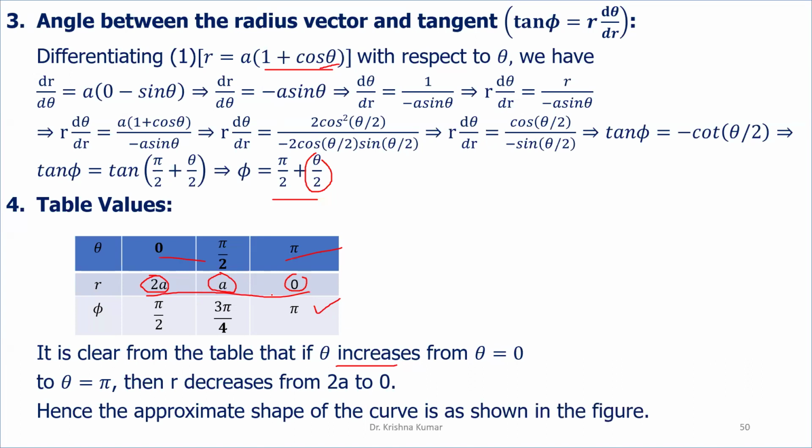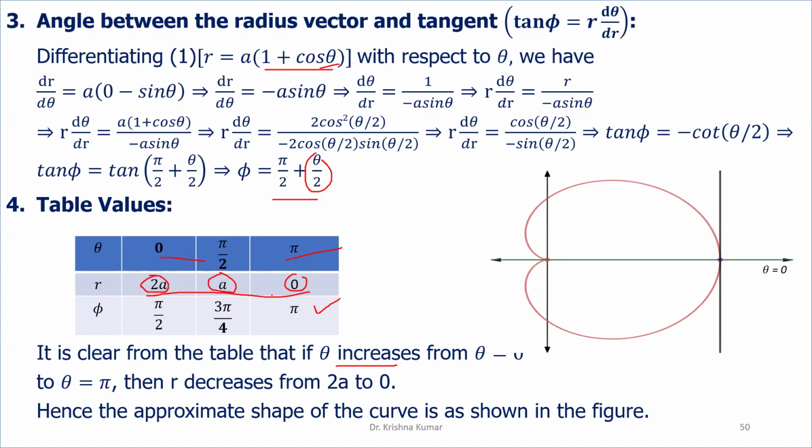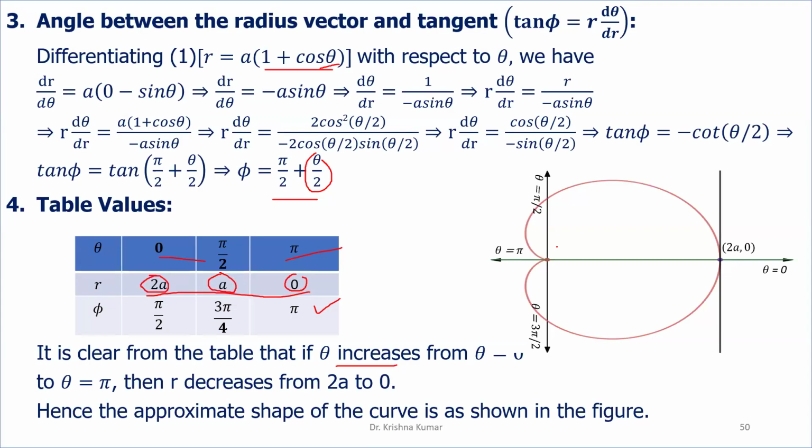How to trace this curve? Let me show the figure. This is the pole. First thing, the curve is symmetric about the initial line theta equal to 0.